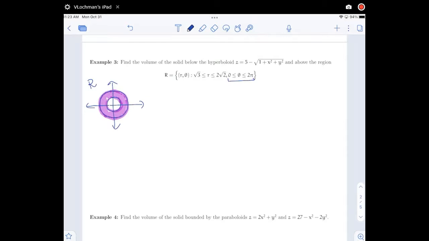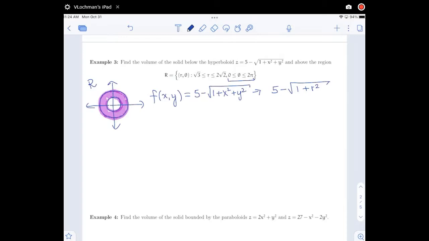So let's take our function. Our function in terms of x and y is 5 minus square root of 1 plus x squared plus y squared. Convert it into what? 5 minus square root of 1 plus r squared.